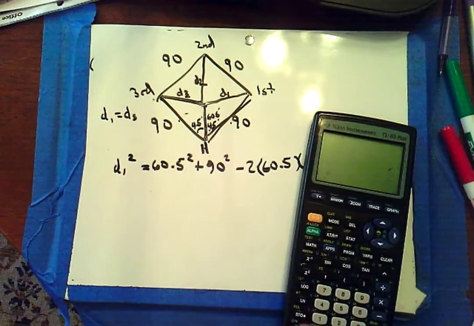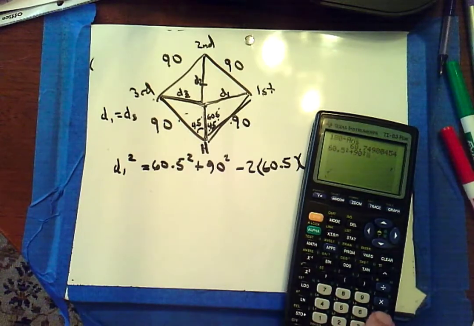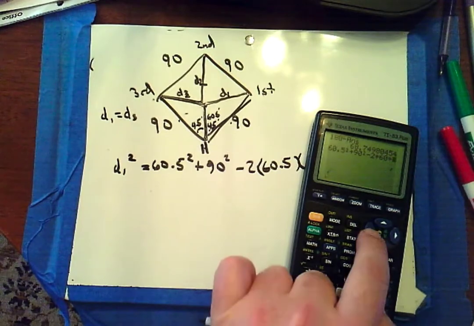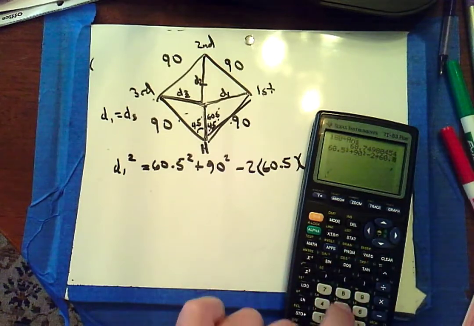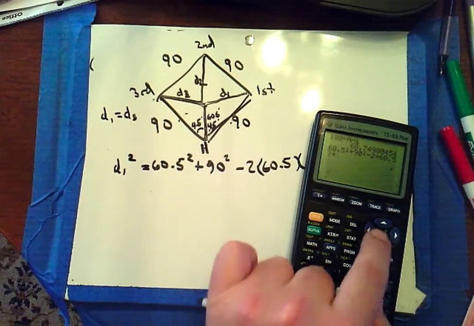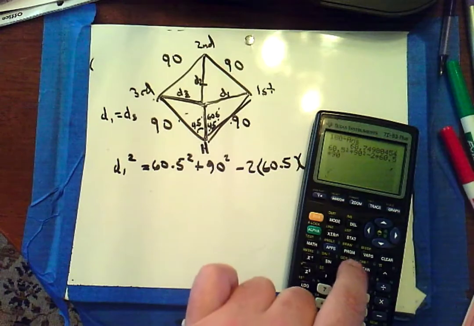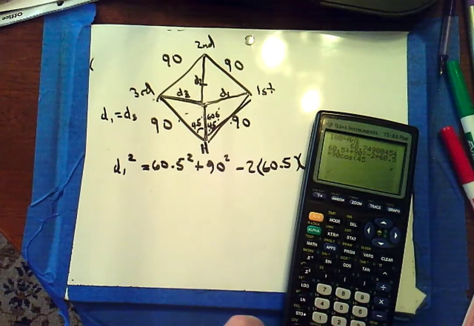Okay, so 60.5 squared plus 90 squared minus 2 times 60.5 times 90 times the cosine of 45.